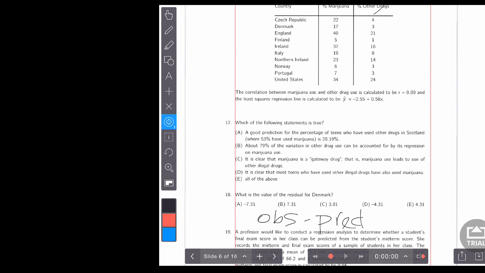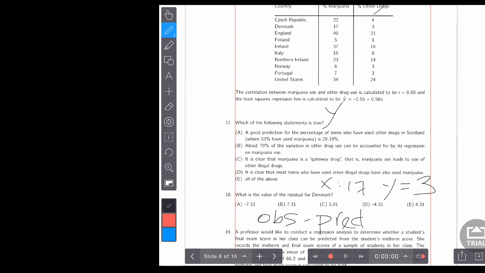So be clear in your mind: when x is 17, y is equal to 3. Which one do I want? When I'm calculating the residual, I'm calculating it based on y. So y observed is 3. That's what I use. And the predicted one I'd have to calculate, y predicted, using this line. So what is the predicted for when x is 17?